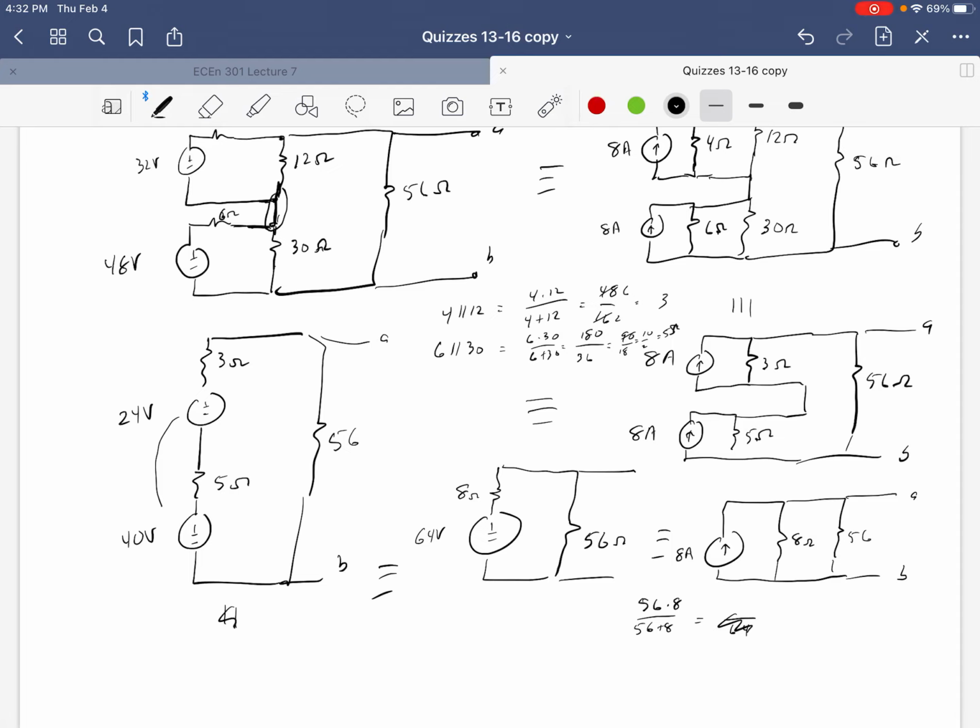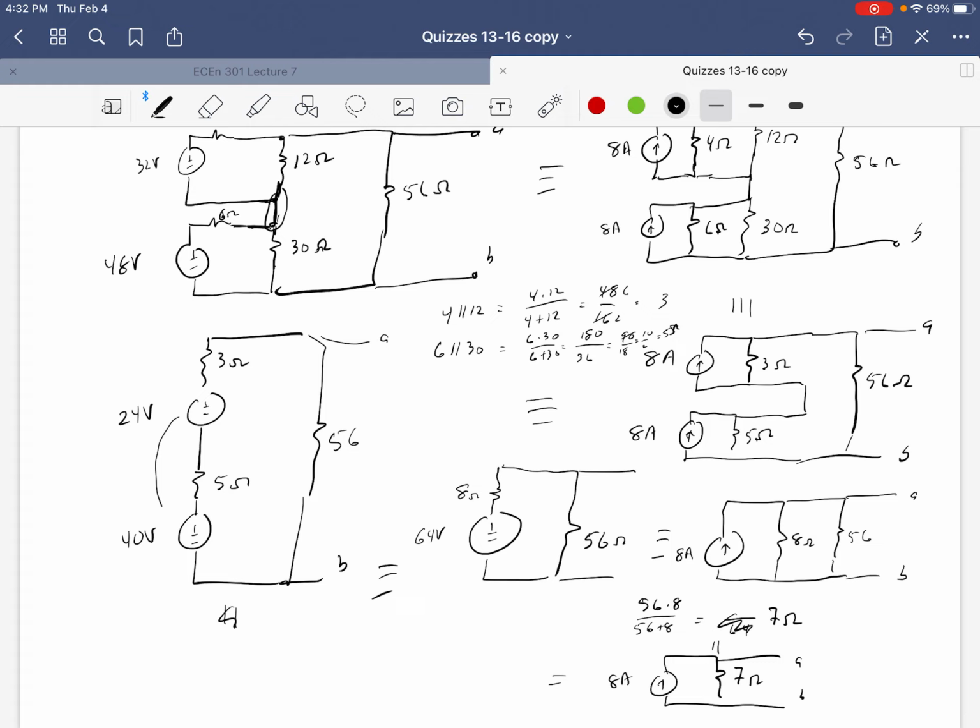All right, so I'm going to multiply 56 times 8 divided by 64, and I get 7 ohms. So this circuit is equal to an 8 amp source in parallel with a 7 ohm resistor.